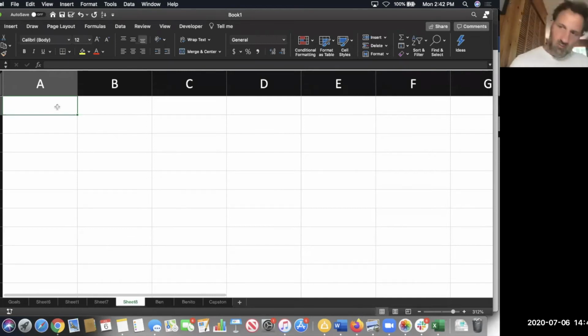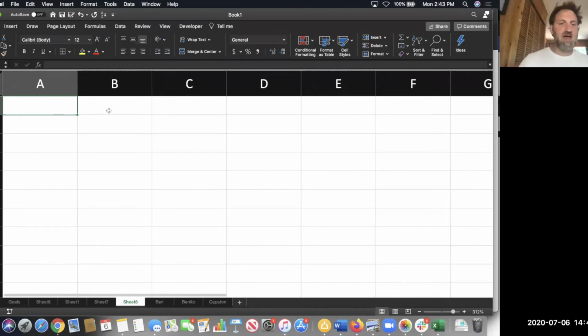How much would you pay total in my monthly program? $120. Right, because you just paid $10 a month for a year, which is 12 months, so 10 times 12.